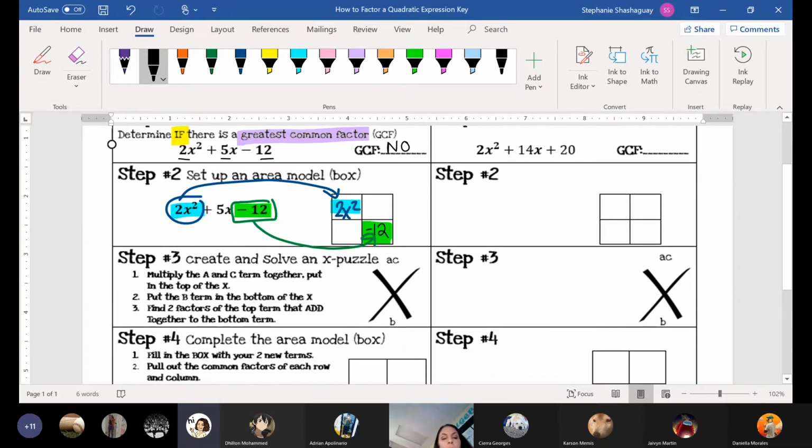Now step number 3 says create and solve an X puzzle. Now my in-person students, we practiced with some X puzzles last week. I don't think I did that with you, but we'll practice them plenty today.